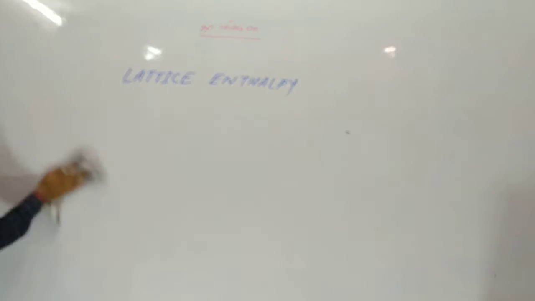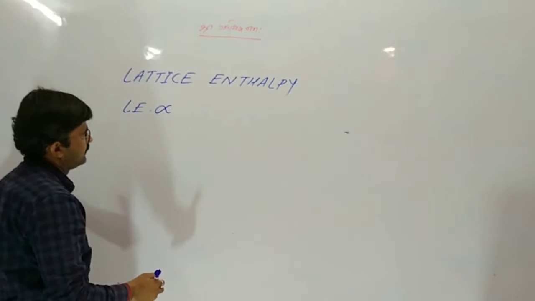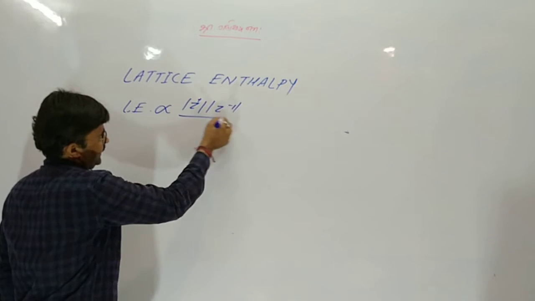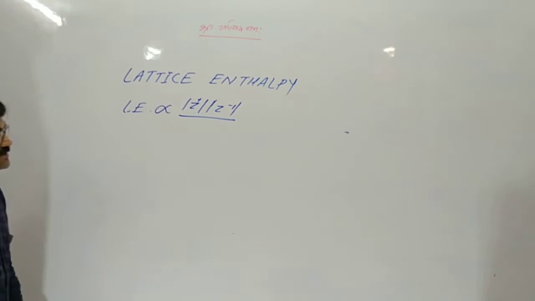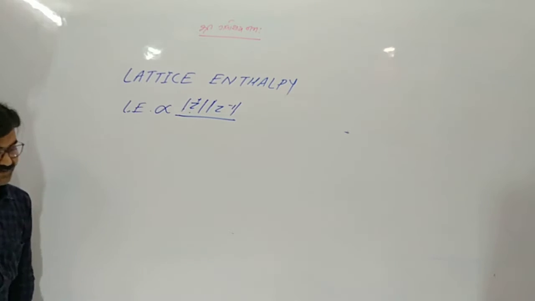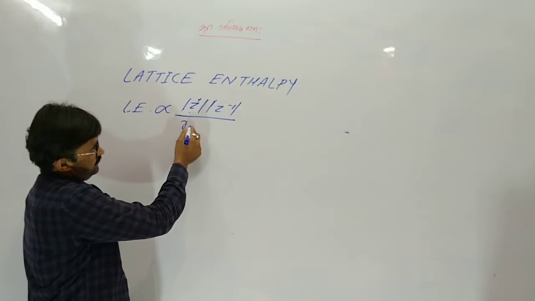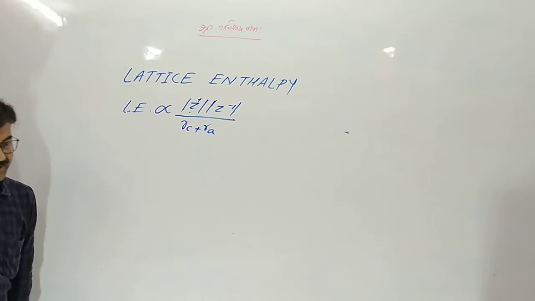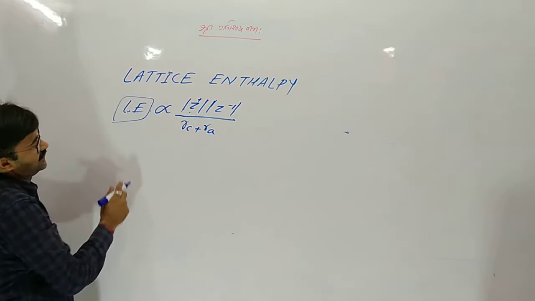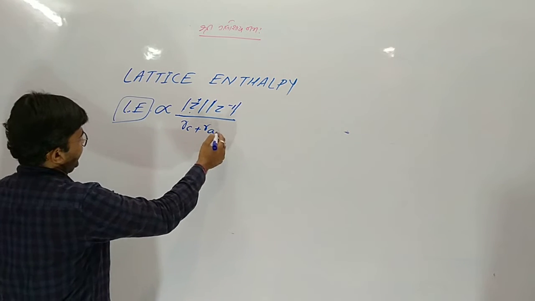How can we define lattice energy? Lattice energy is directly proportional to Z plus and Z minus, the positive charge of the cation and the negative charge of the anion, and inversely proportional to the radius of the cation and the radius of the anion.